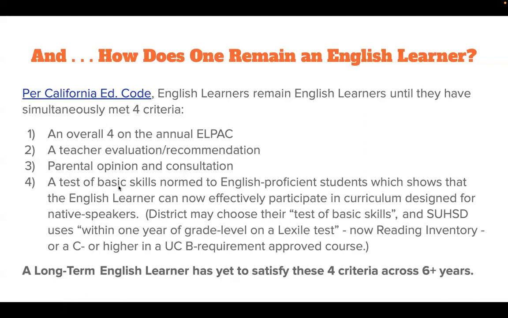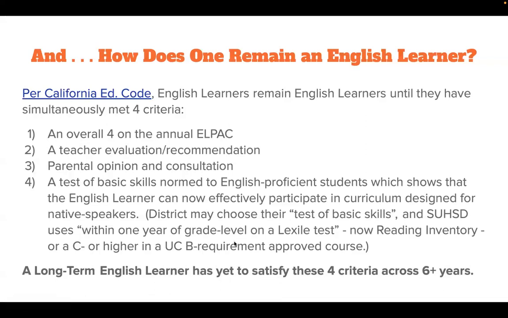However, I think a question comes in when we're talking about it being normed to English proficient students. Is that going to be normed enough? LA Unified went to this a few years ago. Others have moved that way too. My guess is eventually the state could close this possibility. Not calling it a loophole, but this possibility. But for now, this is the criteria.